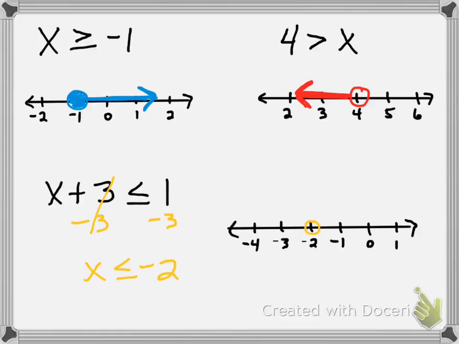Do I make it open or closed? Oh, well, it has the equals to, so I'll make it closed. And then, since x is less than negative 2, I draw my arrow to the left. Also I could say that negative 4 is less than negative 2, so I draw my arrow toward the negative 4. And that's how we solve and graph inequalities. So you should be able to work on your practice now.